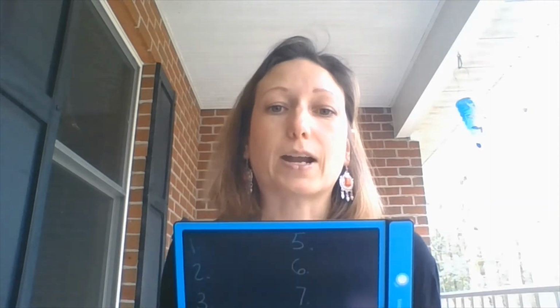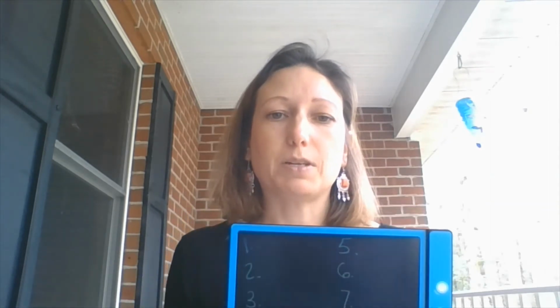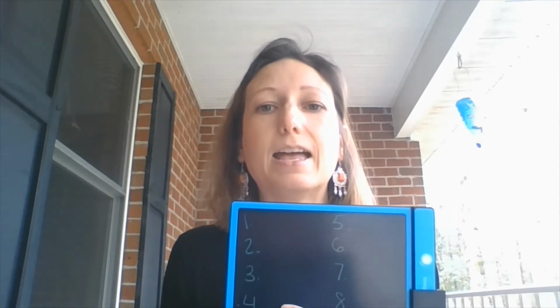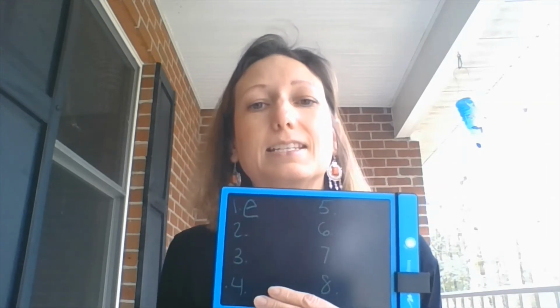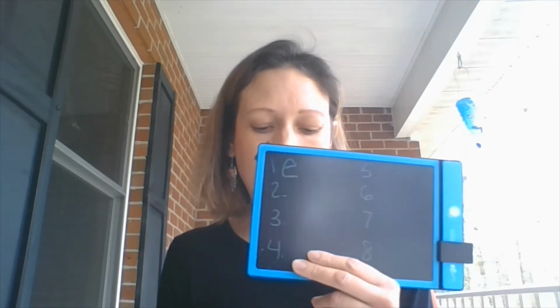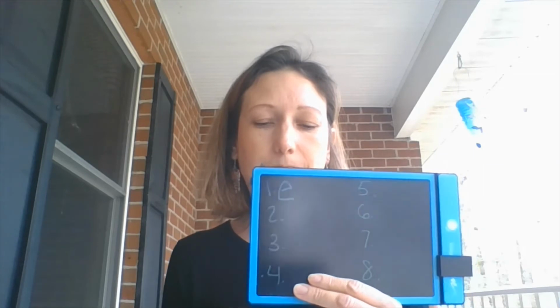So if I say, one way to write eh, you repeat it, one way to write eh, and you would write the letter E, because E says eh, E, Eddie, eh.